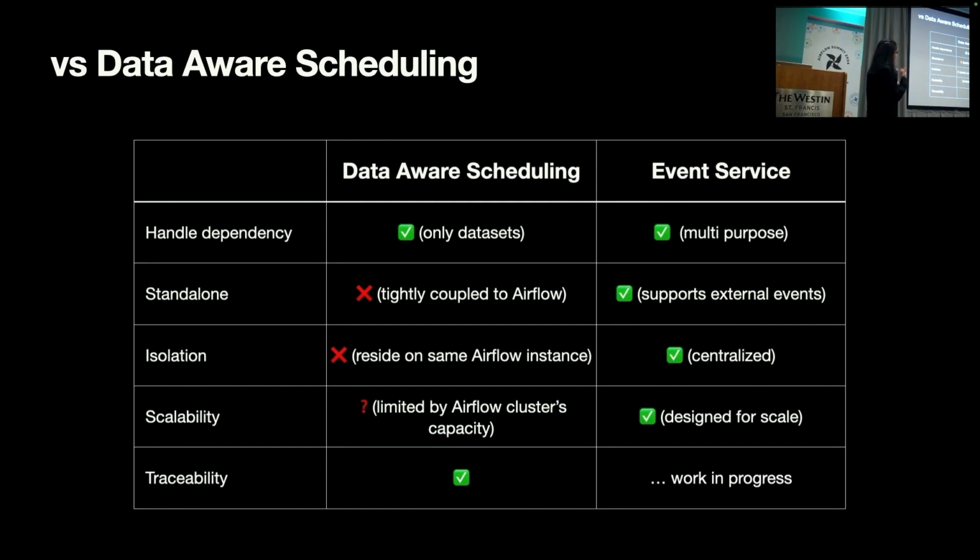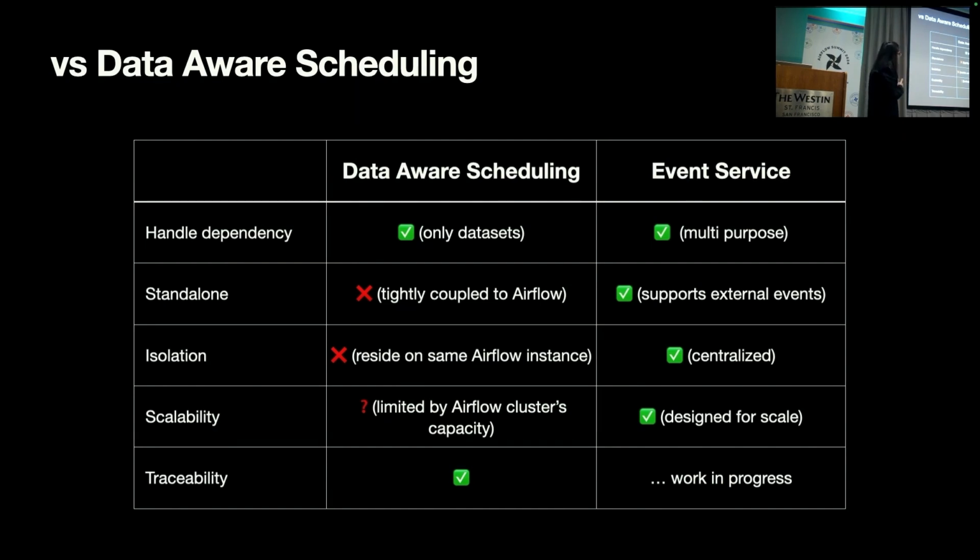Isolation. Data-aware scheduling is closely tied to the Airflow instance. Generally, in a company, teams might prefer isolated Airflow environments, so having the dataset event in multiple Airflow instances might not be efficient. However, event service is centralized, and it comes with publish once and read from anywhere.